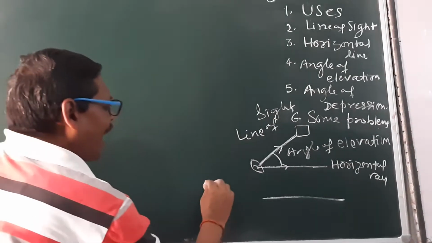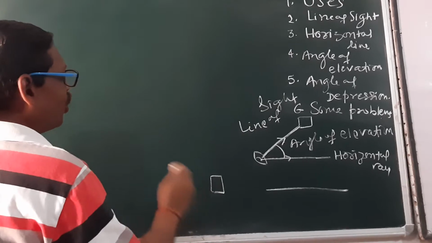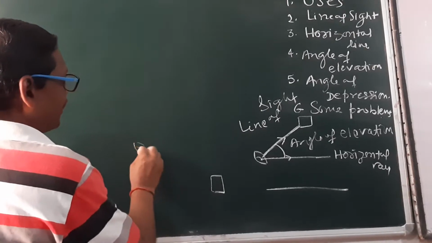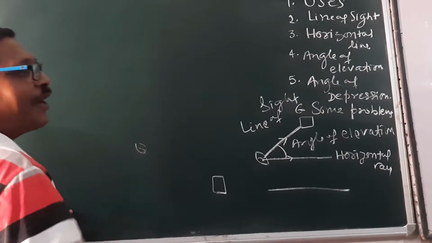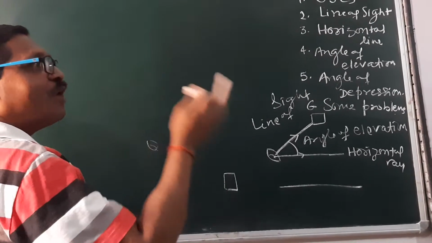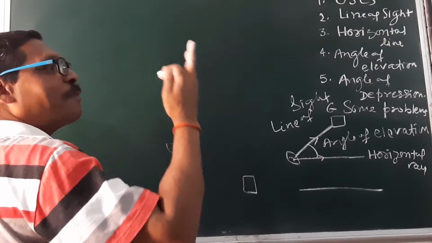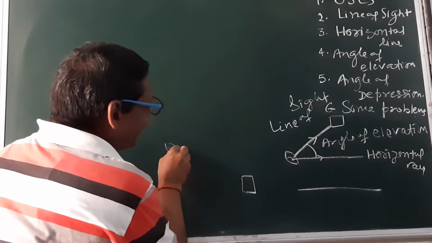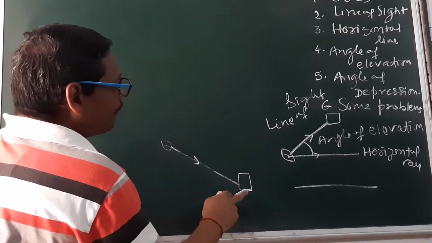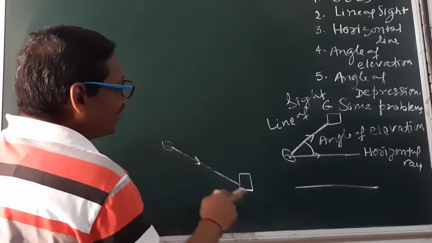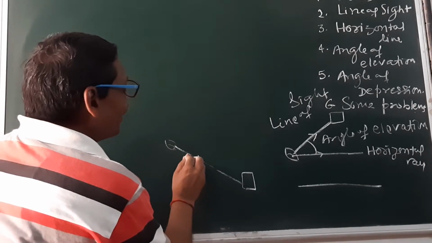When an object is below the observer, and the observer observes it from a mountain, from a tower, or from the top of a building, then the line joining the eye to the object is called the line of sight.